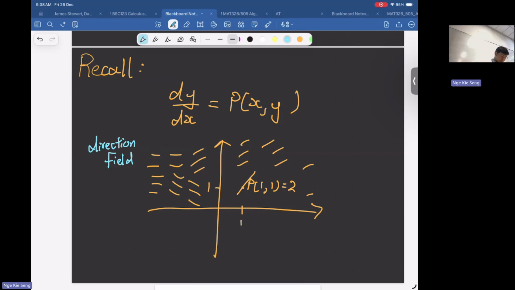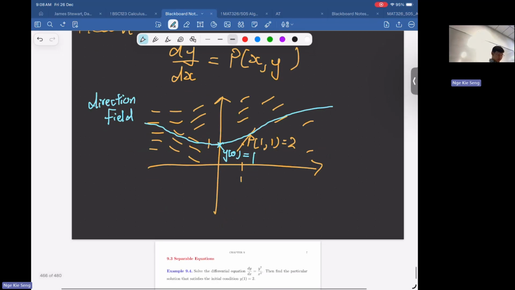So maybe you can start from one initial value problem solution. If you start from one initial solution, then you can follow this tangent line to plot out your solution. Maybe I give you an example.